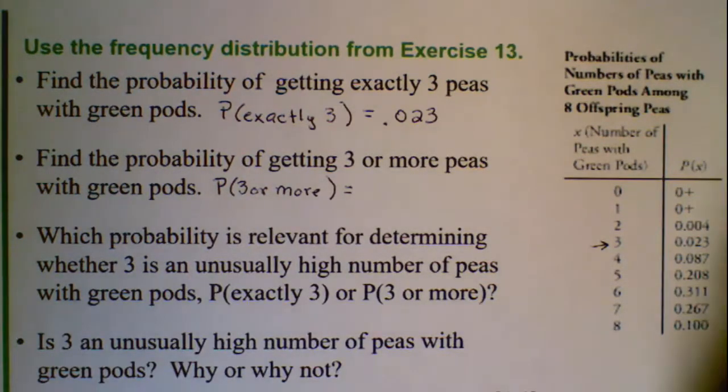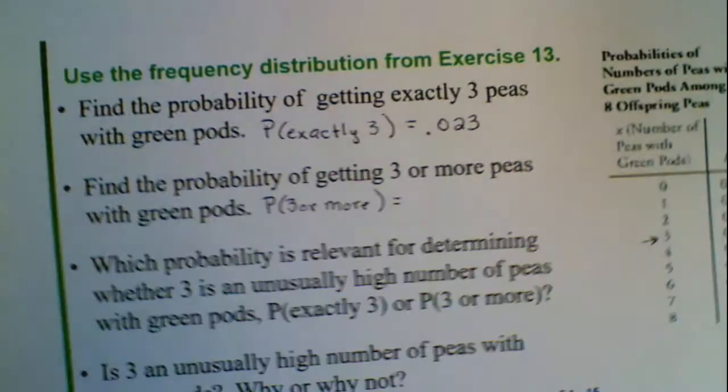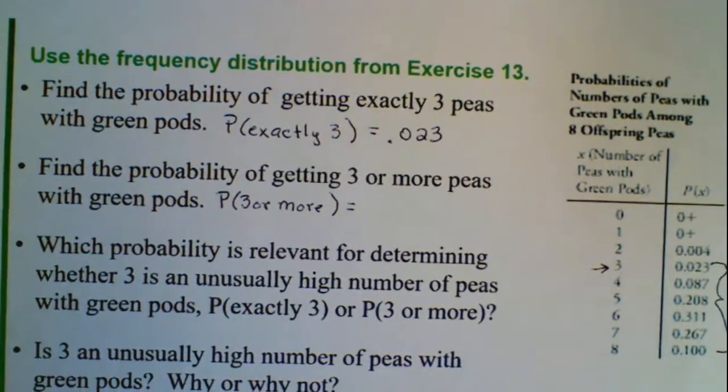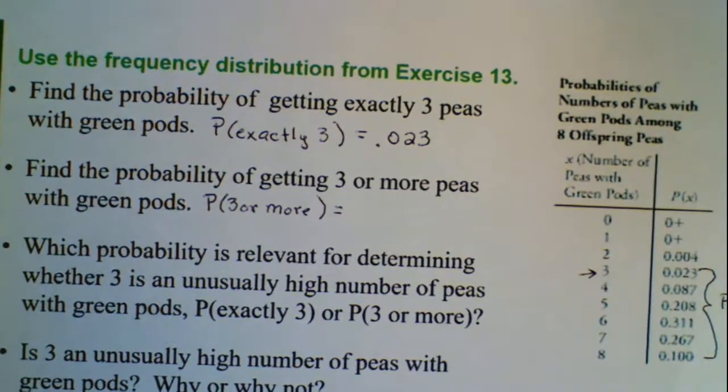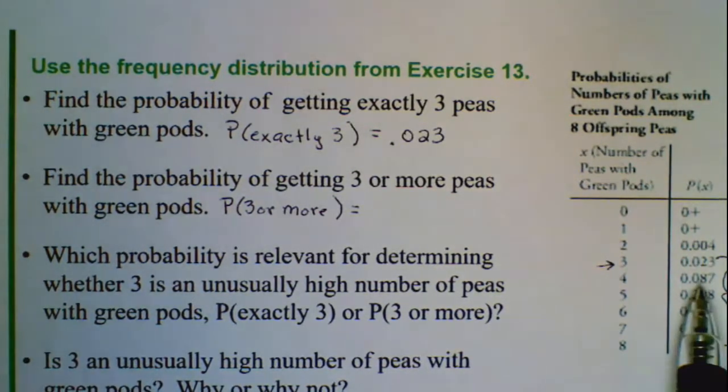And so I could add up these probabilities for 3, 4, 5, 6, or 7. Oh, I'm sorry, I just realized I'm writing off the slide. This is the probability for 3 or more green pods, and I could add those up.